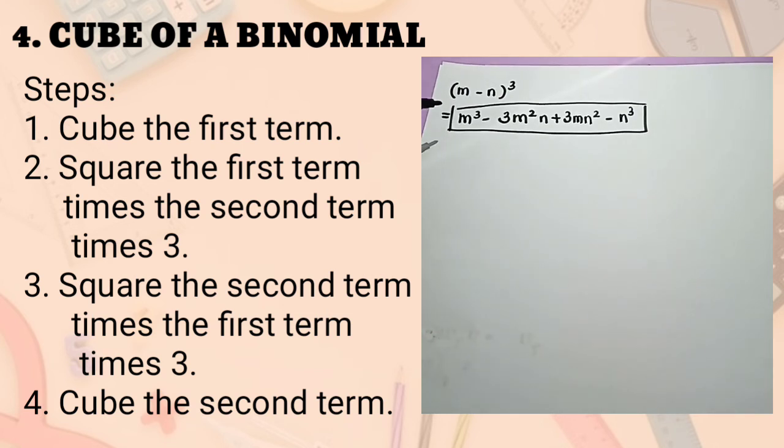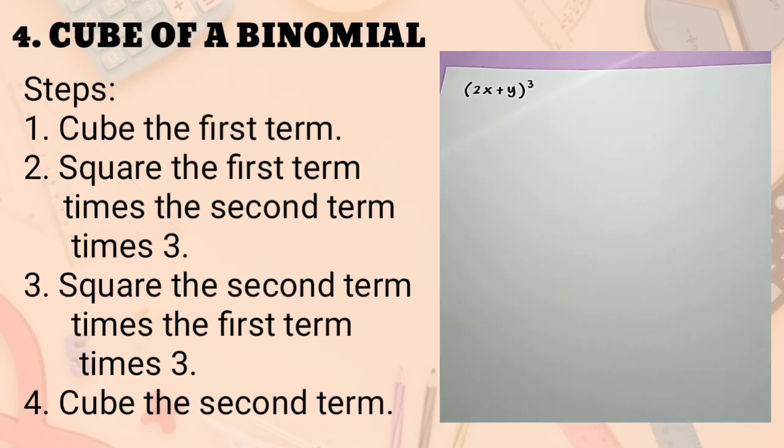Okay? So, another example, the quantity of 2x plus y cubed. Susundin pa rin natin yung ating steps. Una, i-cube natin yung first term. So, ano ba ang cube ng ating first term? So, 2x times 2x times 2x ay equals to 8x cubed.